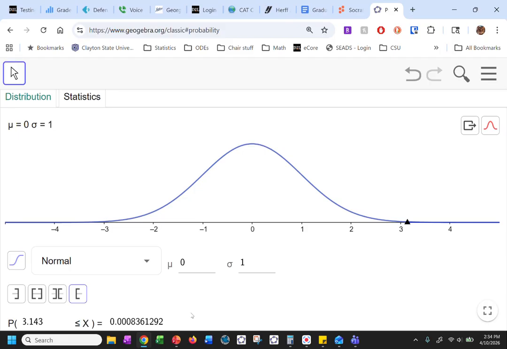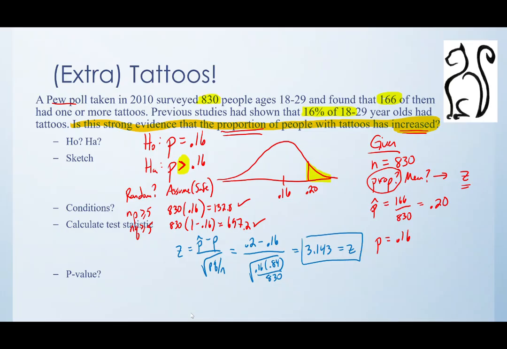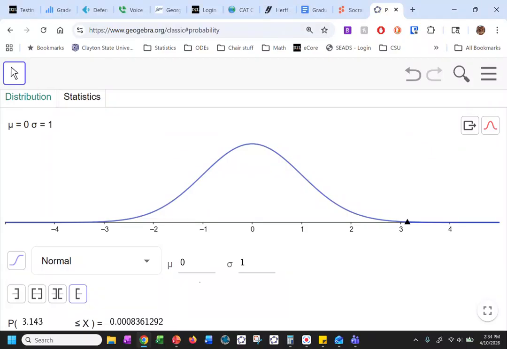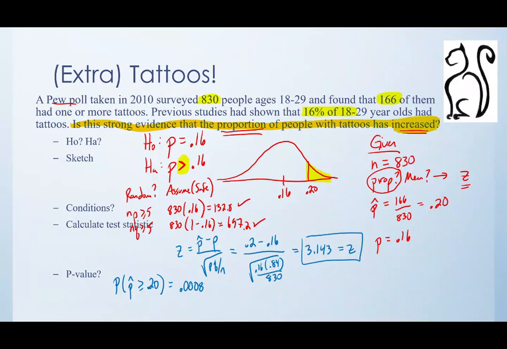Usually 4 decimal places is going to be enough. I'm going to go with 0.00084, rounded. Okay. So the probability of p hat greater than or equal to 0.2 is 0.00084.